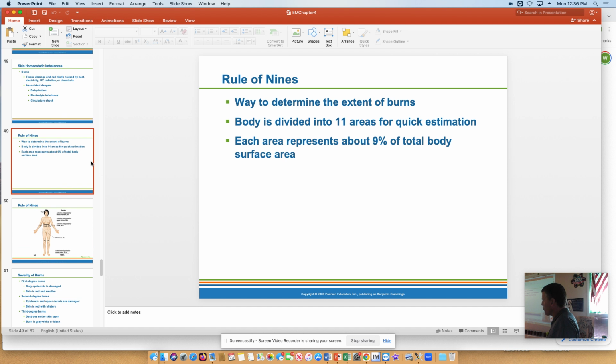Obviously, if someone's had a traumatic burn incident, it's important for medical professionals and first responders to be able to fairly quickly assess how serious it is. Is this very critical and we've got to move more quickly, or can we do some other things to help stabilize before we transport?